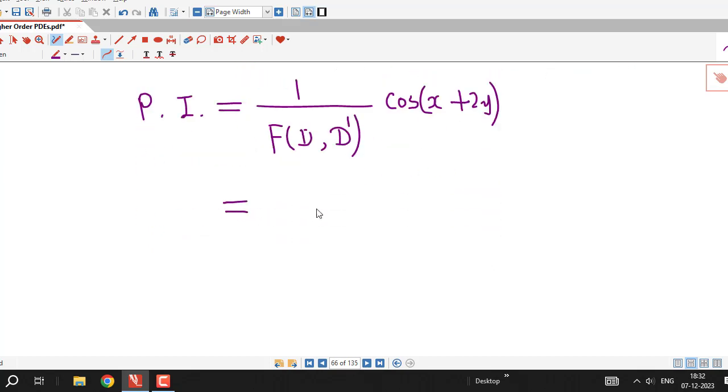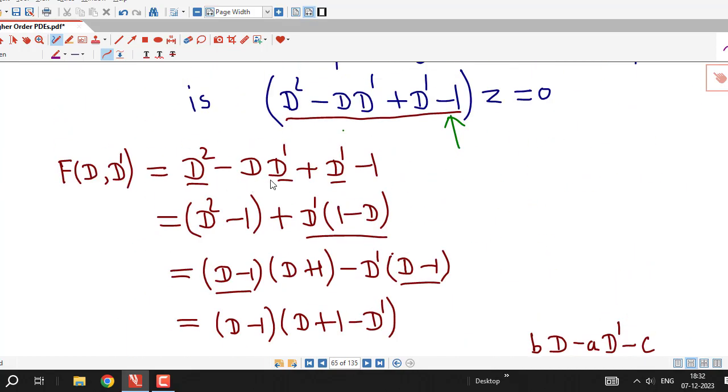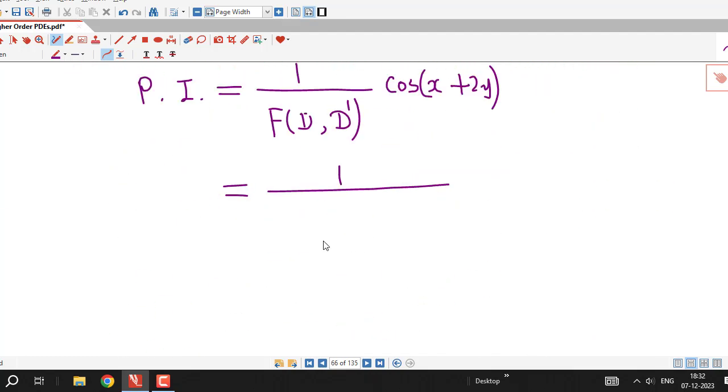And let me rewrite what is F(D, D dash). F(D, D dash) was D square minus DD dash plus D dash minus 1. D square minus DD dash plus D dash minus 1 cosine of x plus 2y.